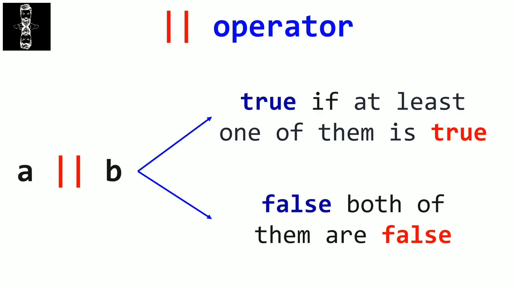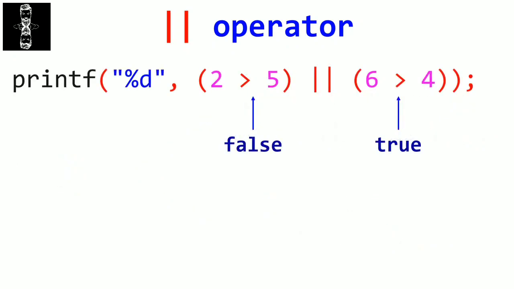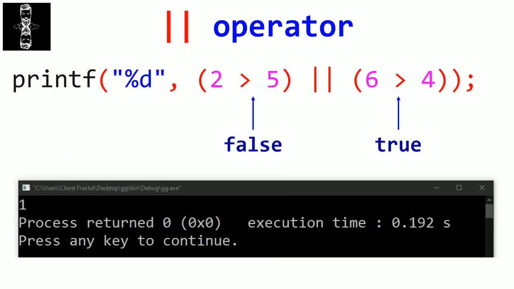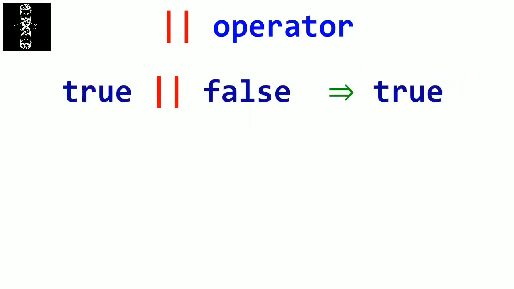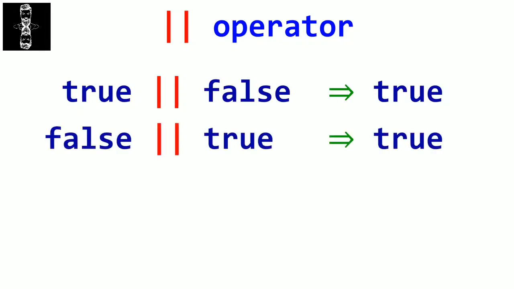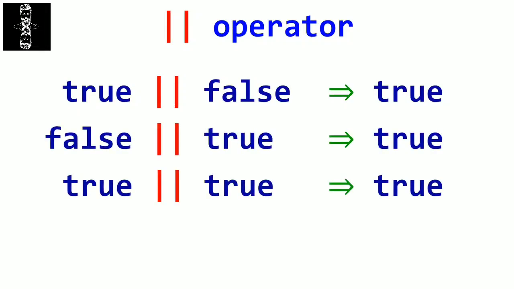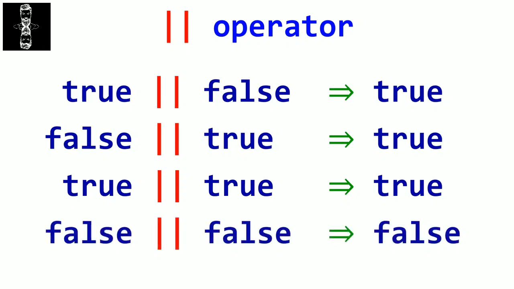For example, if we evaluate this expression, we get true, even if the last statement is false, because the right one is true and it's enough, because we need at least one true statement. So the OR operator returns true when the left statement is true, or when the right statement is true, or both of them, and it returns false when both of them are false. It's an inclusive OR.